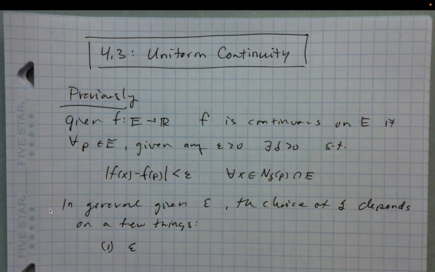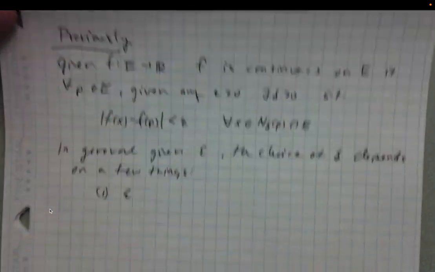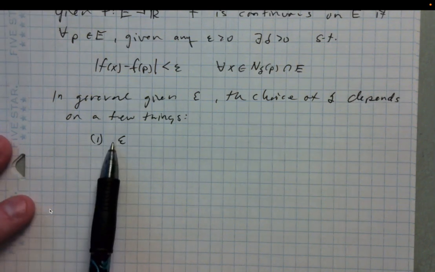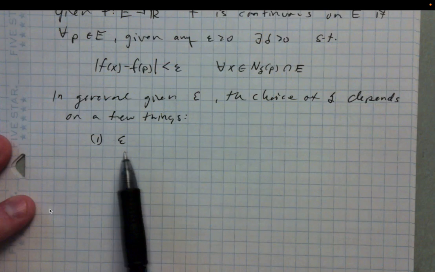Depending on which epsilon you give me, I have to pick potentially a different delta. Frequently we see that our choice of delta is based on epsilon. You give me an epsilon, I use that to calculate my delta, pretty much all the time.